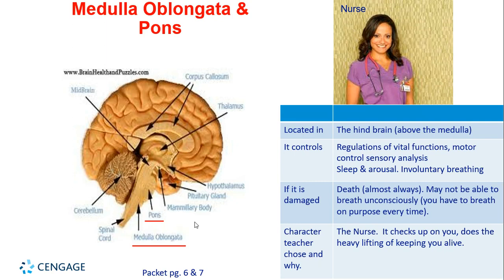As I mentioned, my pons here is the nurse because she checks up on you and does a lot of the heavy lifting of keeping you alive, making sure that all the sensory stuff works, making sure that you're breathing while you sleep. This is our nurse of the brain, your pons.